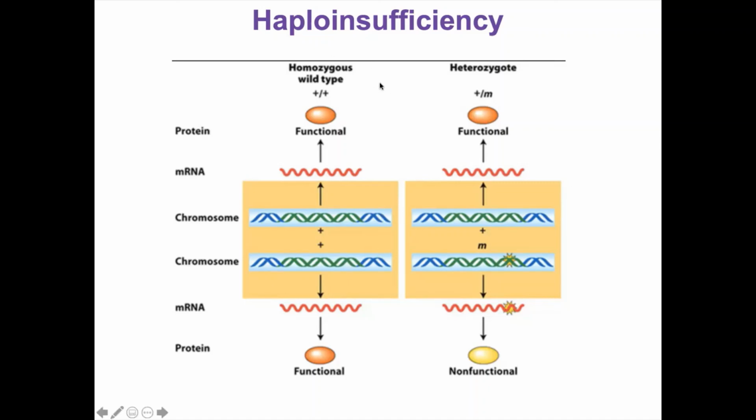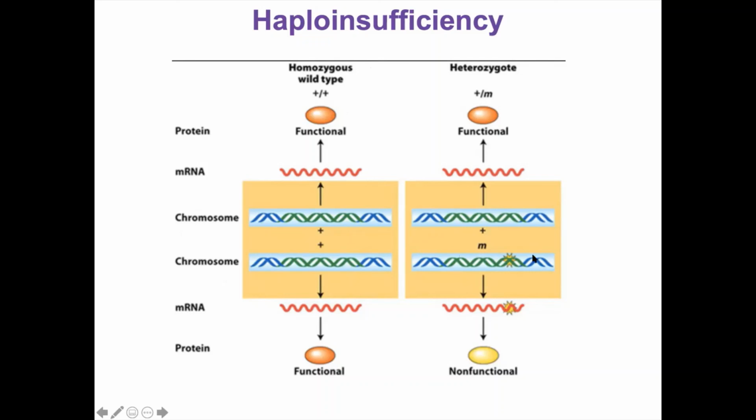On the left, it says homozygous or wild type. You can think of this as a healthy patient. So often we say wild type healthy, which has two unmutated copies of the gene. So there are two copies from two separate chromosomes, both lacking mutations, and they both produce a normal mRNA, and that produces a functional protein.